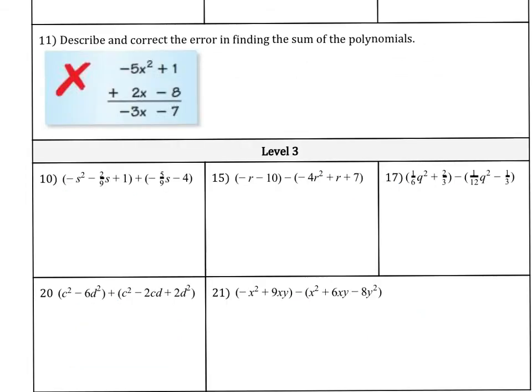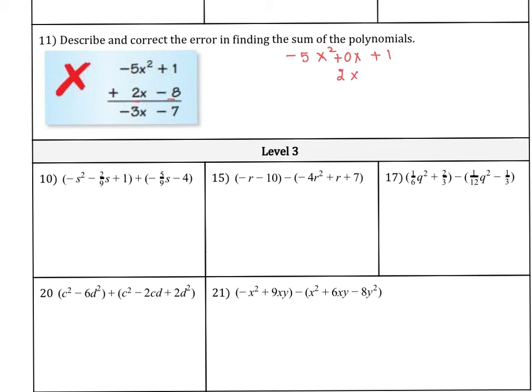Number 11. This is given wrong, and we're going to find out what is wrong about this question. So I'm going to rewrite this as 5x squared plus 1 because the x term is missing, so I can write 0x for that. And this is 2x that goes underneath 2x.